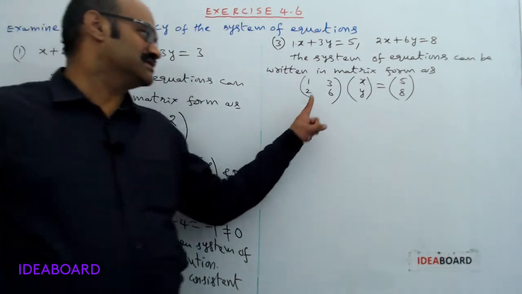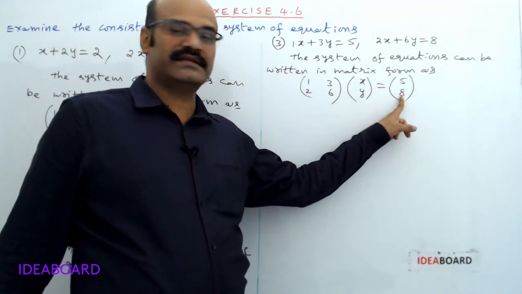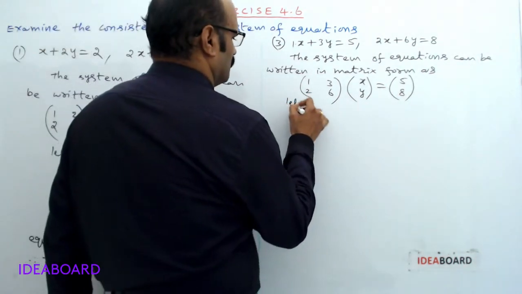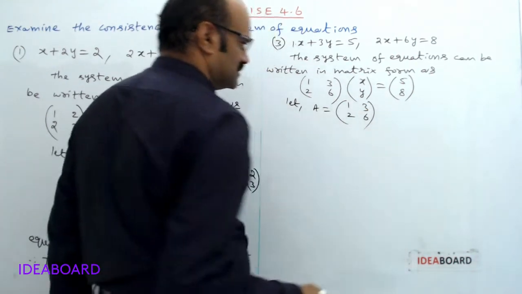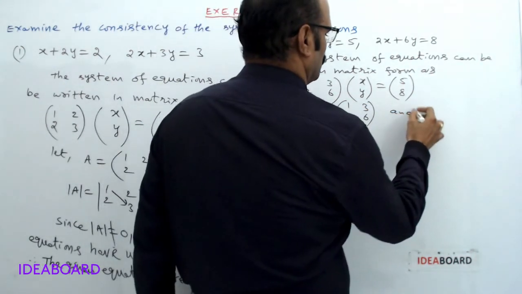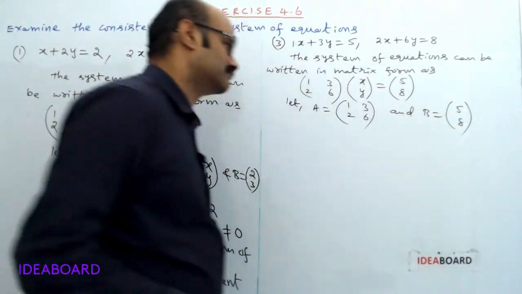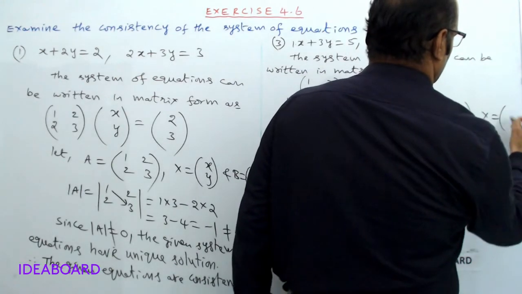Now here, this is the matrix A, this is the matrix X, and this is the matrix B. Let A equal to 1, 3, 2, 6, and B equal to 5, 8, X equal to x y.